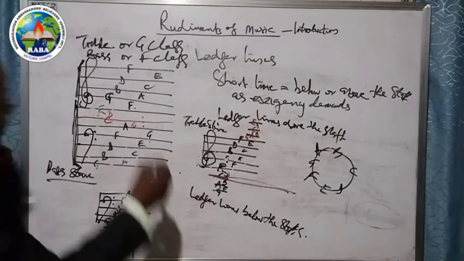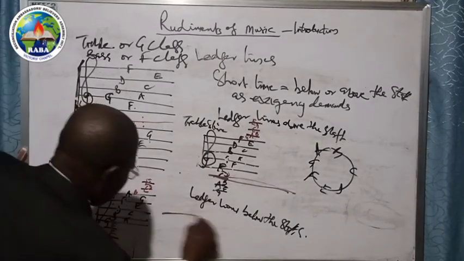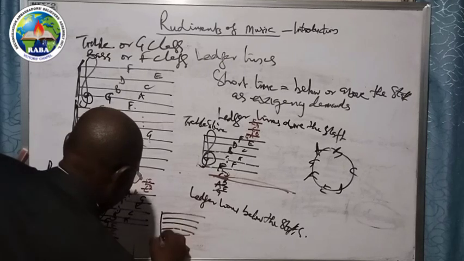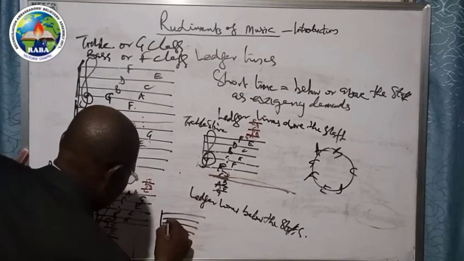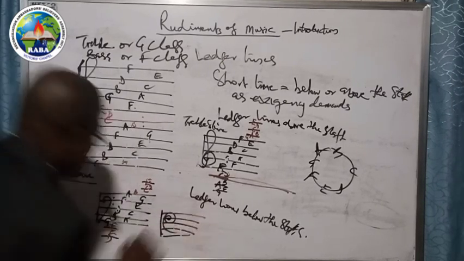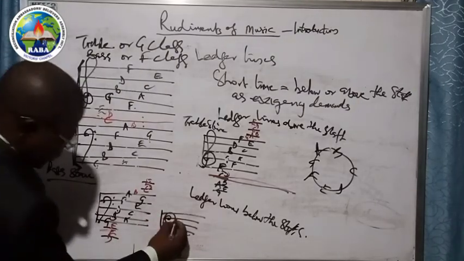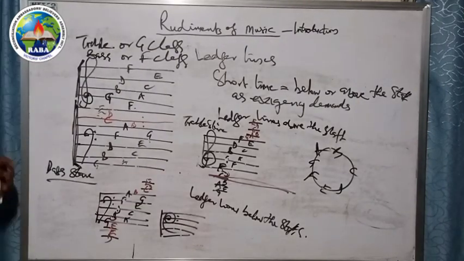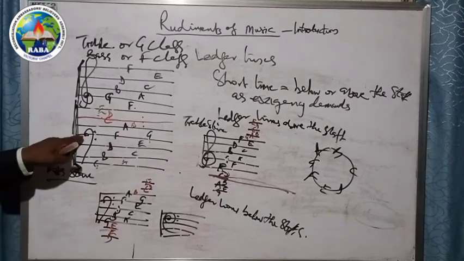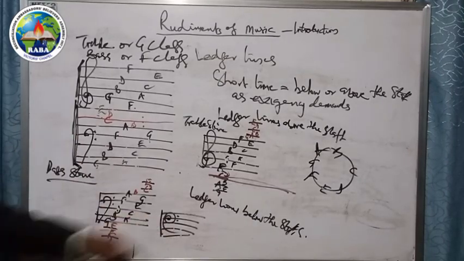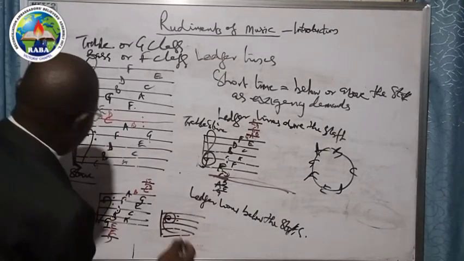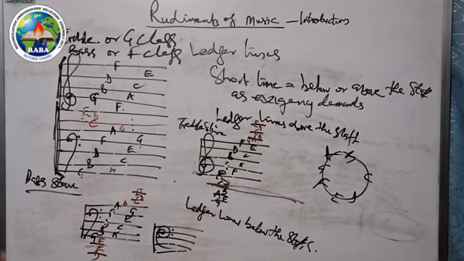In the ancient music book, for example, you can have it like this. You can have it like this. But don't worry, whether you have it like this or like this, all that matters is that it takes its source from line F.